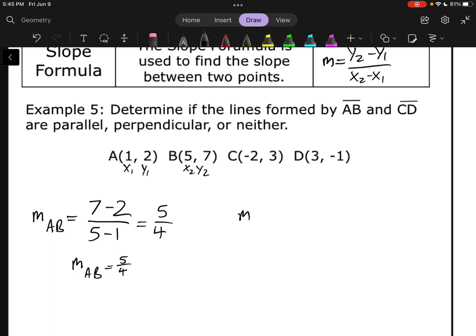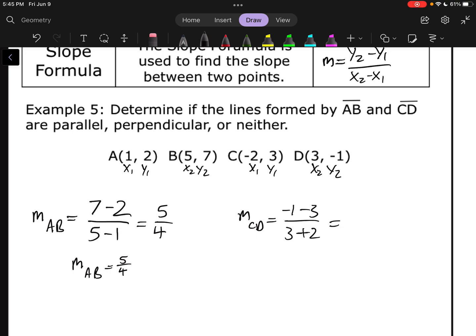Now let's do it for CD. So m of CD. This will be my x1, y1. This will be my x2, y2. So y2 minus y1 would be negative 1 minus 3. x2 minus x1 would be 3 minus negative 2. Remember, minus a negative would be plus.